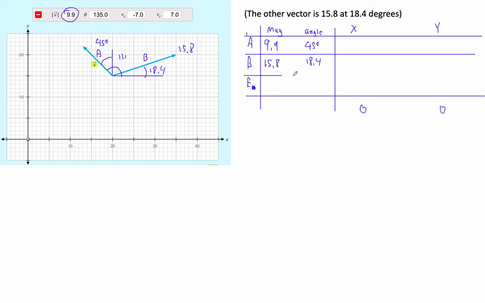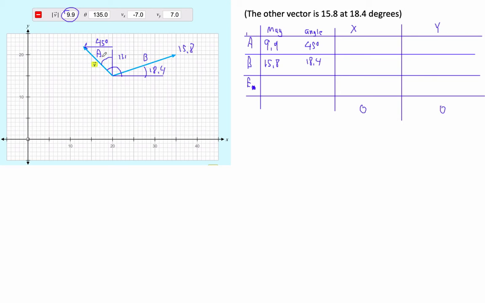Okay, so now we're going to just figure out what our x's and y's are. Okay, so this x component and the y component, by the way, are the same, right? So I'm going to go 9.9, and I'm going to find this component here is going to be negative, and it's going to be 9.9 cos, or sorry, sine of 45.